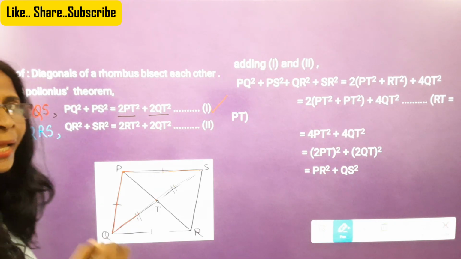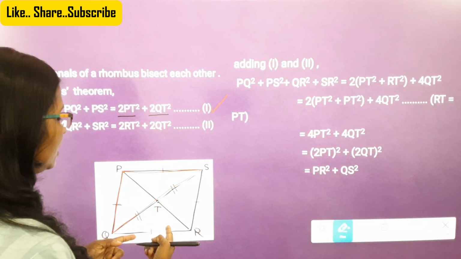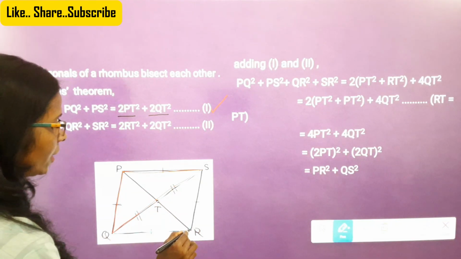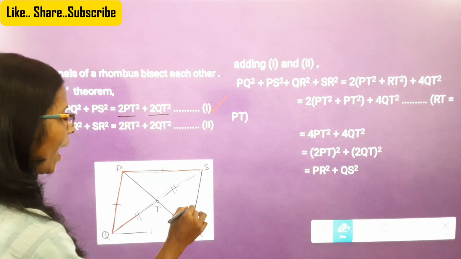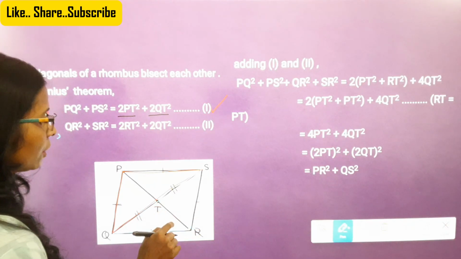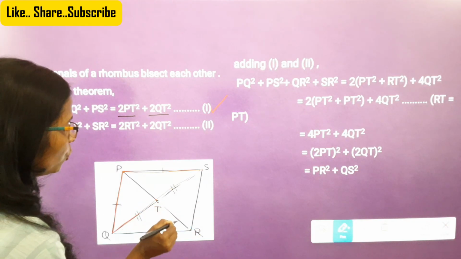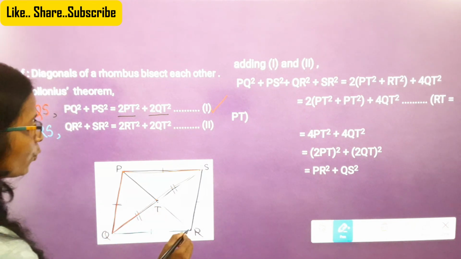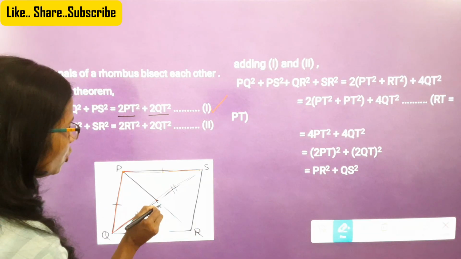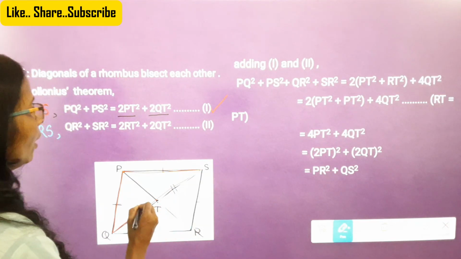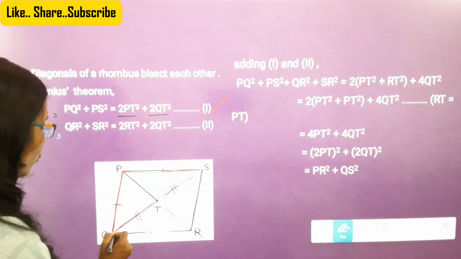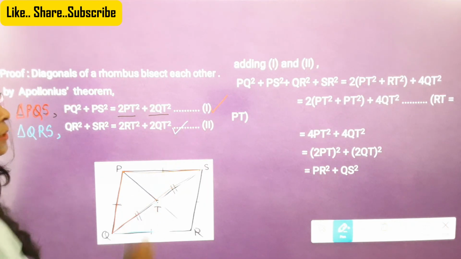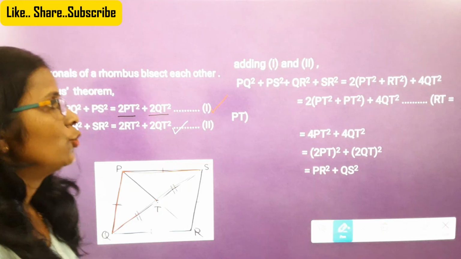By applying the Apollonius Theorem in this triangle, we have QR square plus RS square is equal to 2RT square plus 2QT square, and call it the second equation, students.